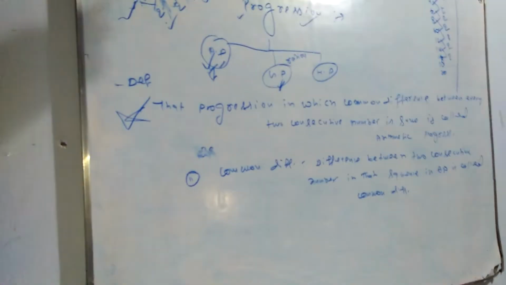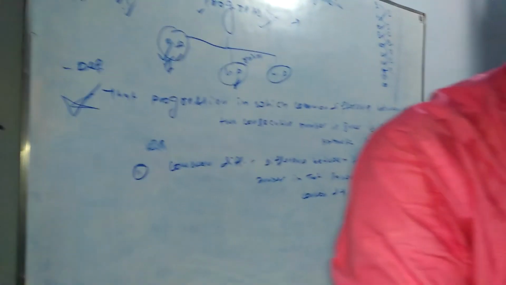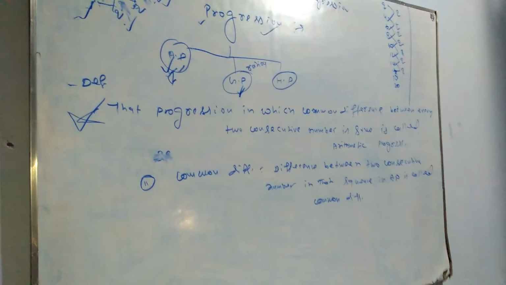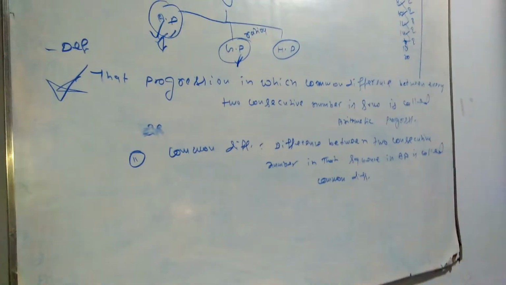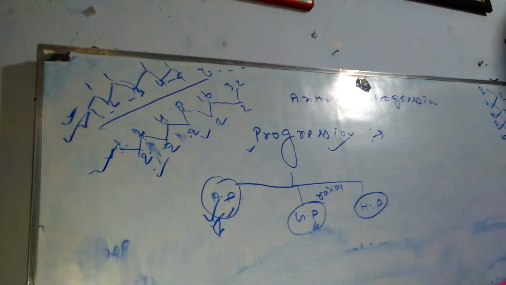Now another topic. Suppose we have to understand and identify which are in AP and which are not in AP. For example, I am citing some questions related to arithmetic progression. It will help you to understand it.